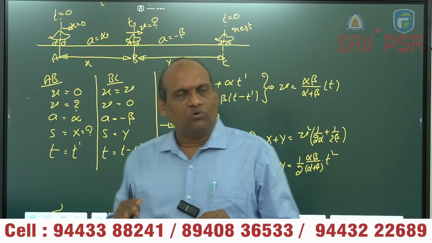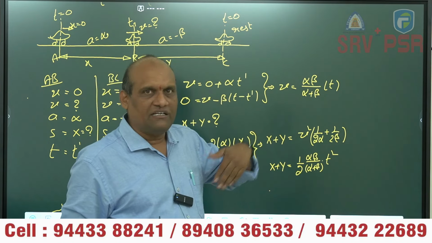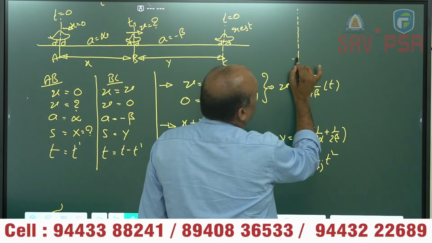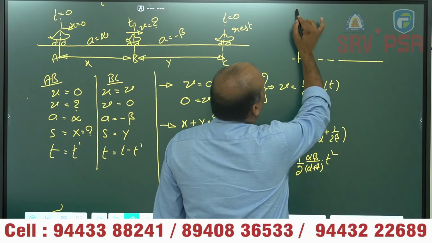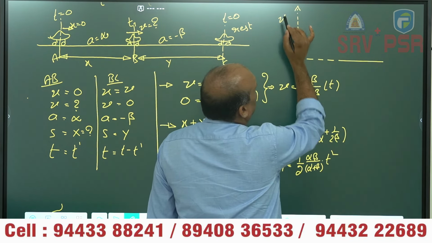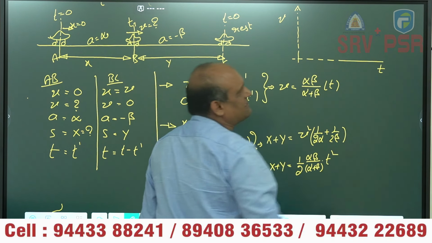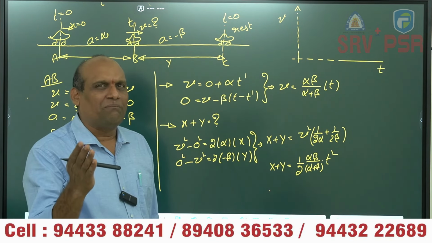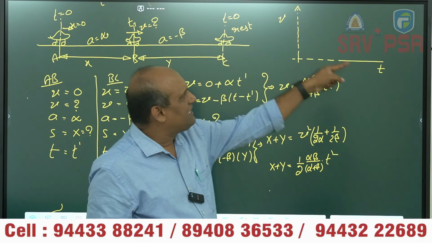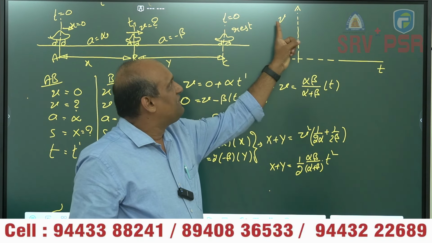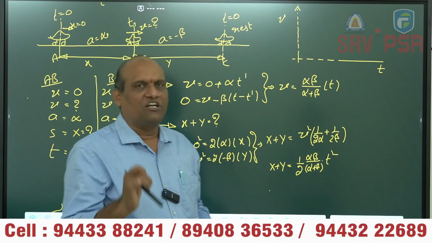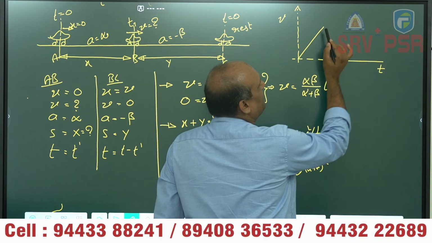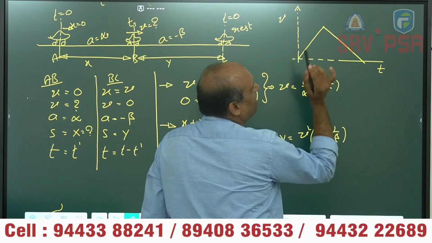Velocity starts from 0, constantly accelerating, so it increases. In the VT graph, velocity is on the y-axis, time on the x-axis. The slope of the VT graph is dv by dt, like dy by dx. So dv by dt is acceleration, positive, starting from 0, accelerated and then retarded.